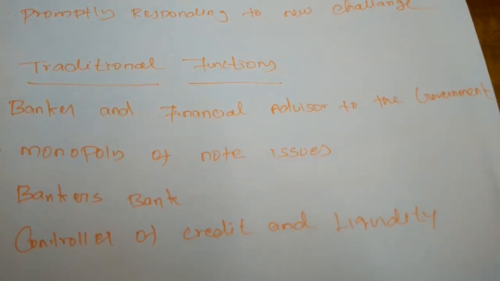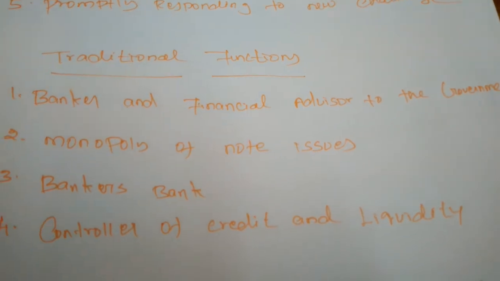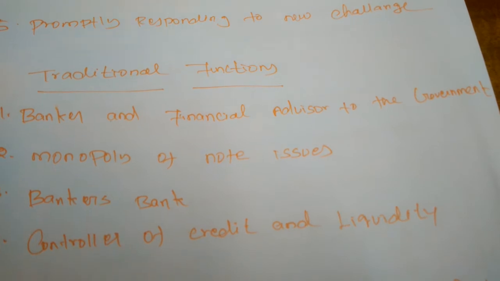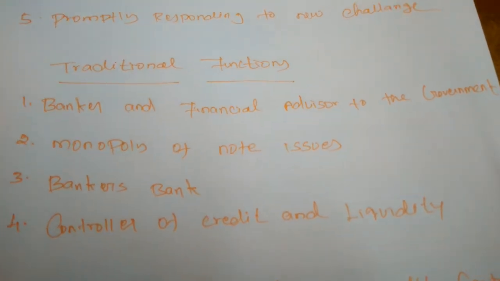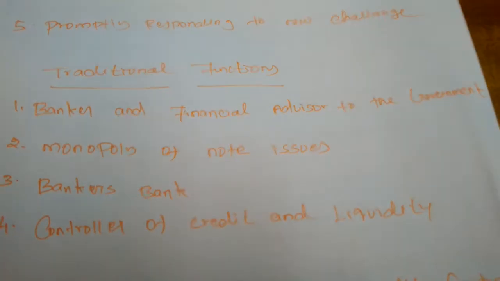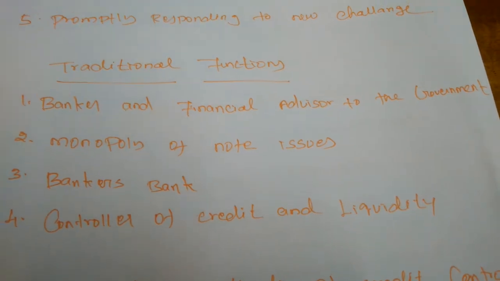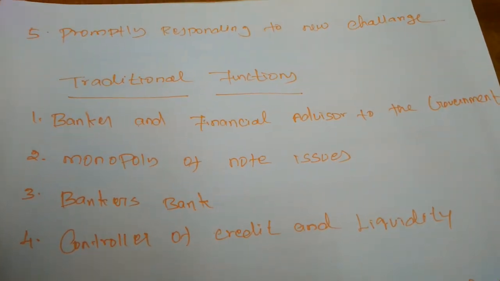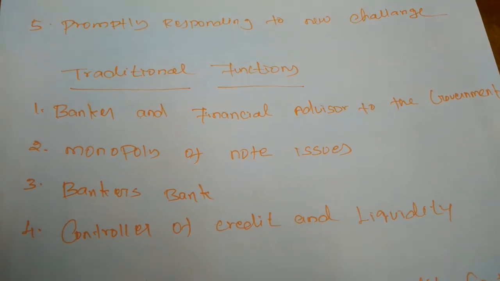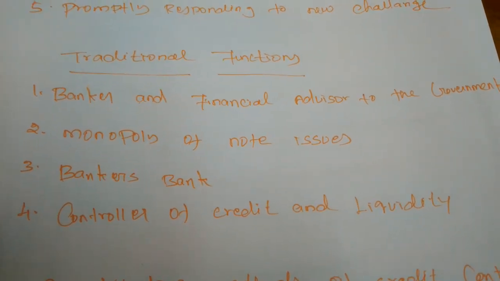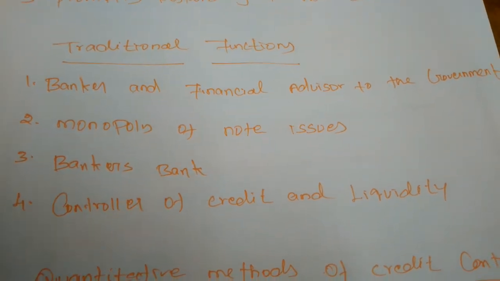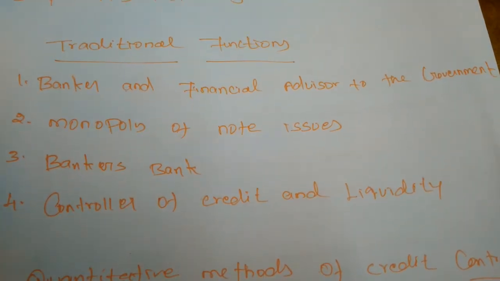Like that, the government also needs a bank. So the Reserve Bank of India acts as banker to the government, and as financial advisor whenever they need finance and wherever they have to allot some reasonable amount. Such advice is provided by the Reserve Bank of India only.